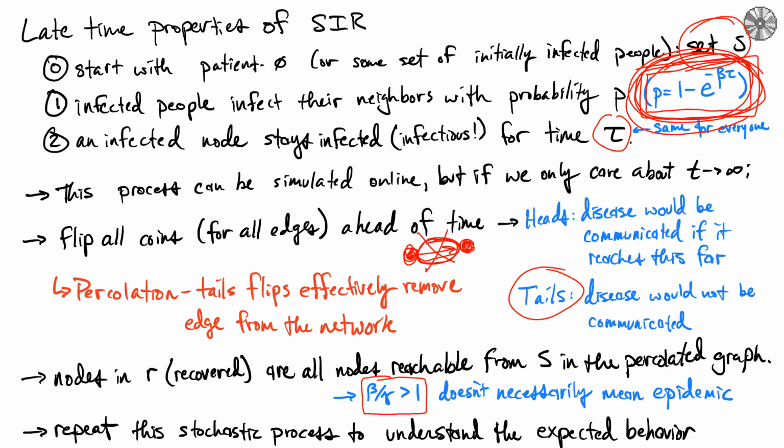And it's also true that even if it is in a relatively well-connected part of the graph, a random selection of these coin flips might cut it off from propagating throughout the rest of the graph. And so this kind of plays out. All of these different trials represent different situations and how the disease might spread. But again, to get a full picture of expected behavior, we would have to repeat this process over and over again and average out what would happen across many of these different trials.